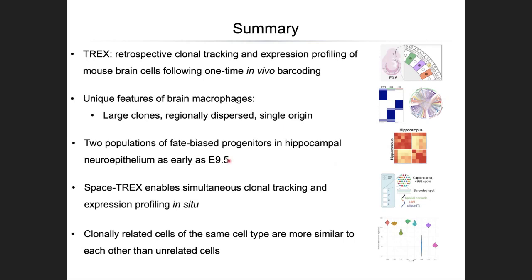We see already very early, just before neurogenesis, two populations of fate-biased progenitors in the hippocampus. And we introduce a technique we call SPACE TRACKS to simultaneously do clonal tracking and expression profiling in situ. And we also try to identify first genes that are associated with clonal gene expression.